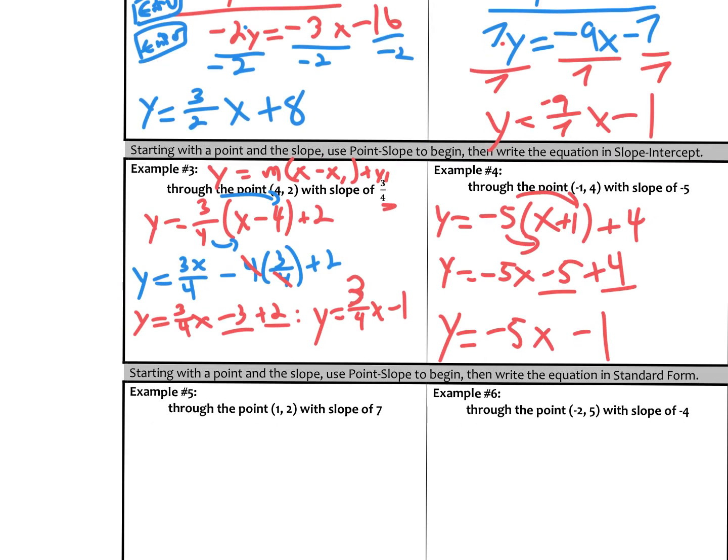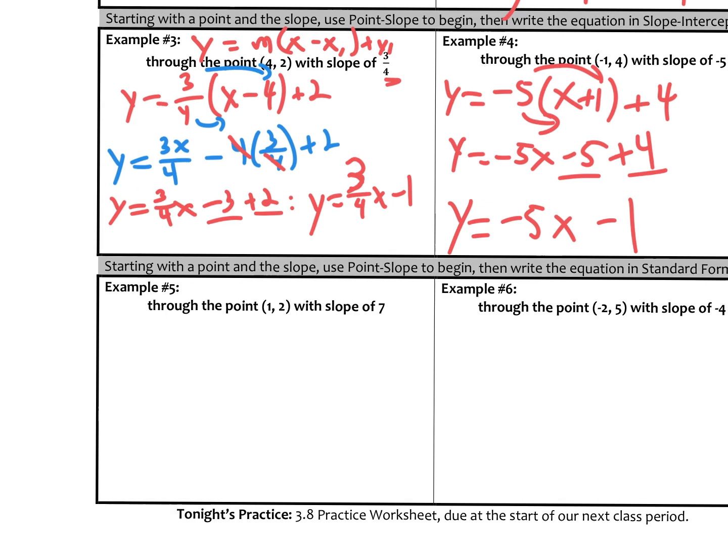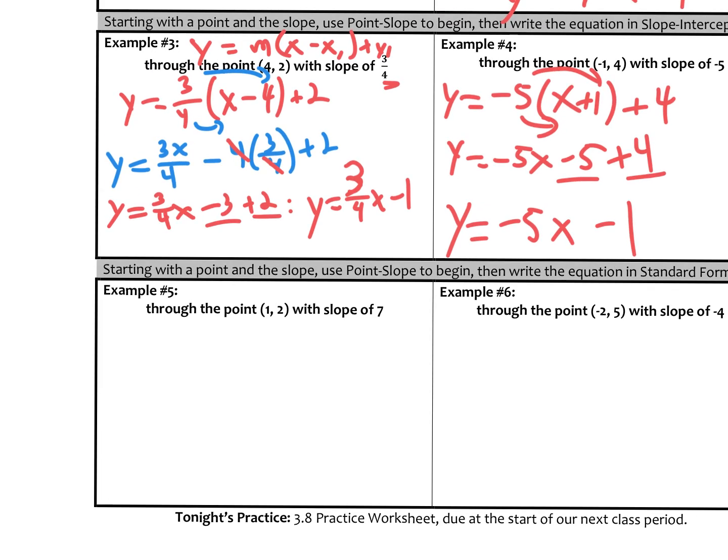All right, the last two examples. Again, you can go and rewatch any of this. Pause, slow it down. We're going to start with point slope form, which we just practiced, and then we're going to change it to standard form. So y equals, using the slope of 7, x minus 1 plus 2. That's what we just practiced. We're going to distribute just how we did before.